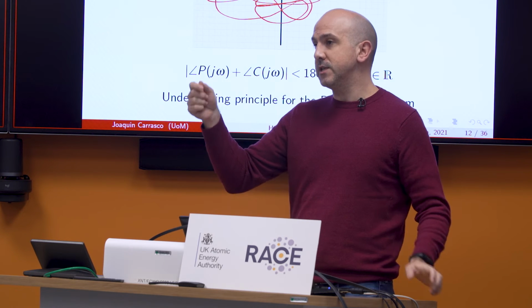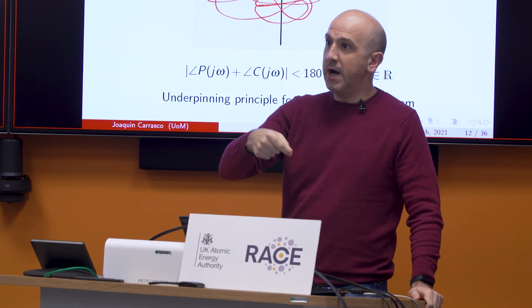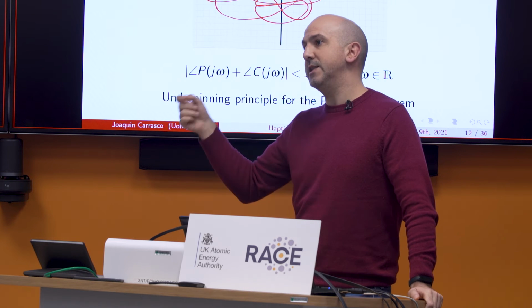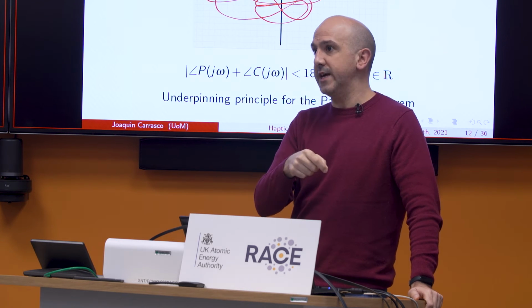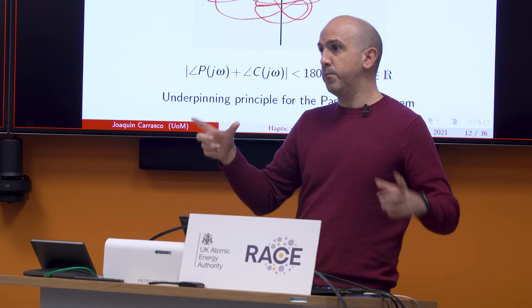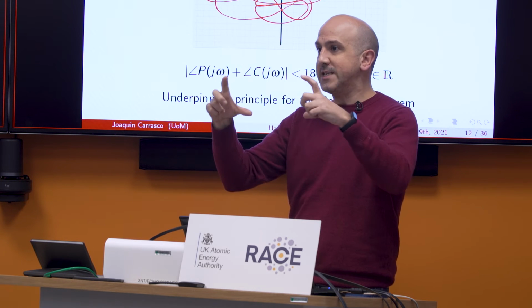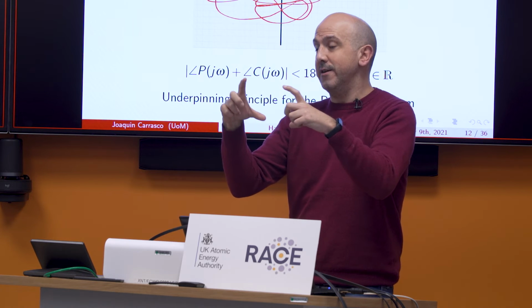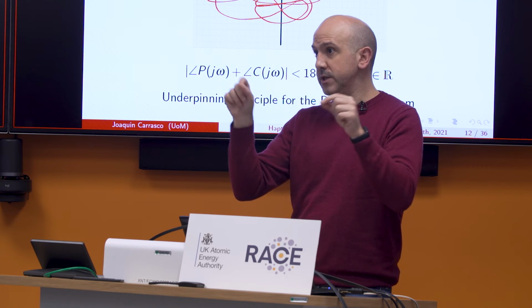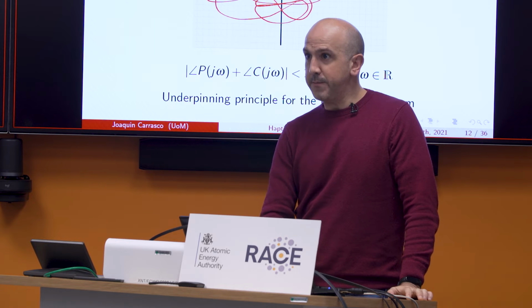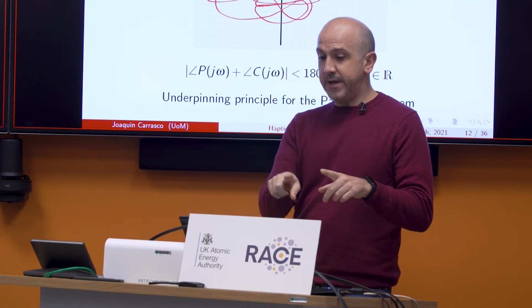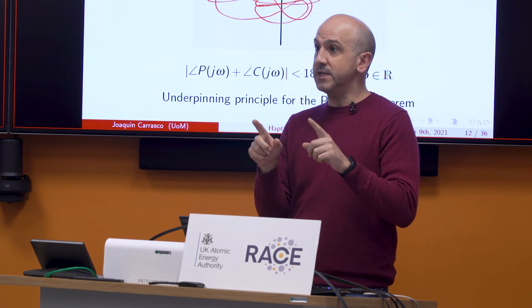So you don't have the situation of 90 + 90, 180, or -90, -90, -180. You avoid this situation by asking one of the systems to be strictly inside without touching the border. And this representation, the red line, is the addition of the two phases.